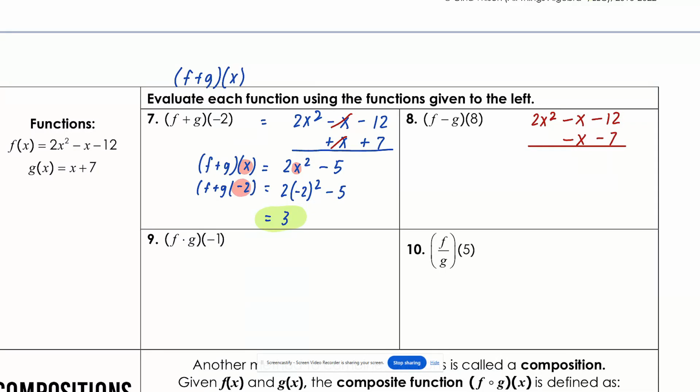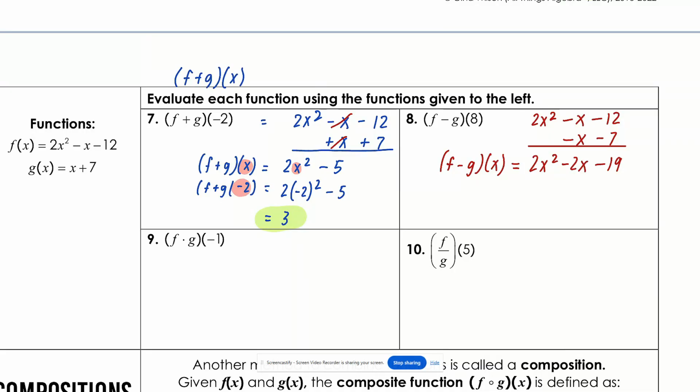So look, guys, f minus g of x is 2x squared. Negative x minus x is minus 2x. And negative 12 minus 7 is minus 19. That's f minus g of x.